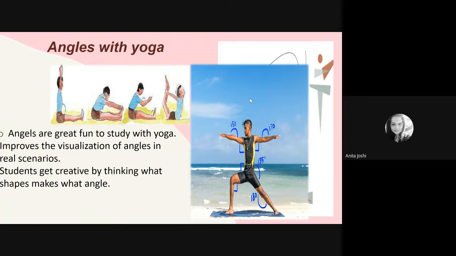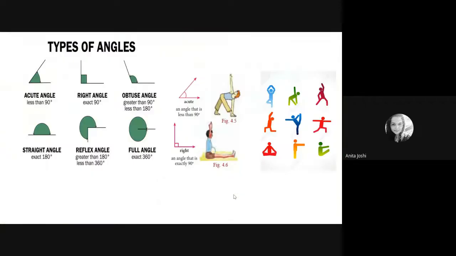If we do certain poses, we can see many angles. Even if we just straighten our hand, we can see there's a 180 degrees, and also a 90-degree right angle can be performed anywhere. So this is another example for angle, and we have acute angle, right angle, obtuse angle.